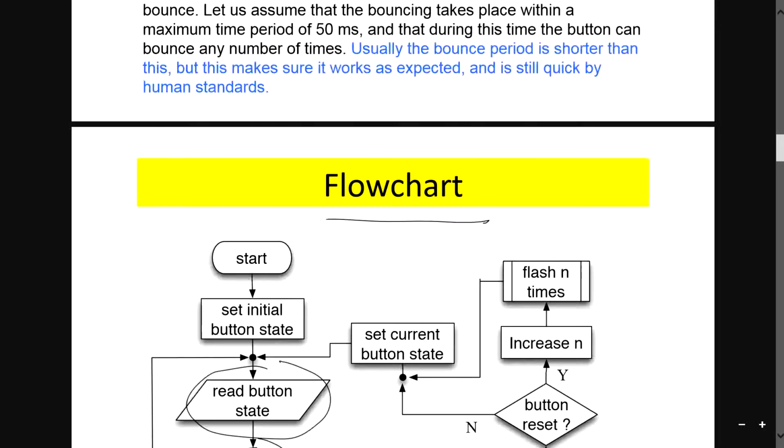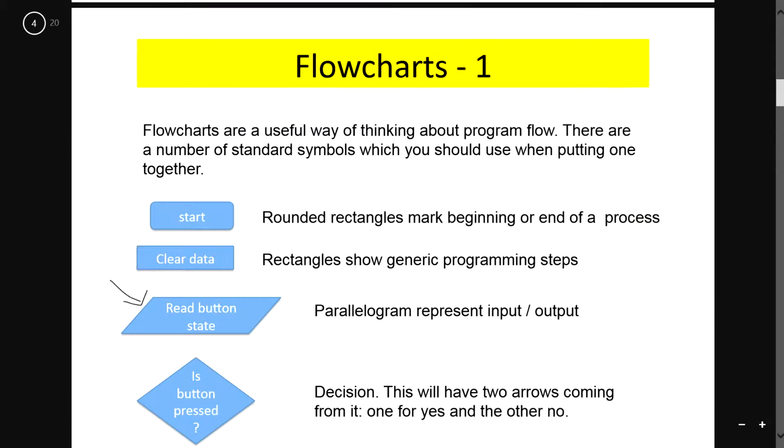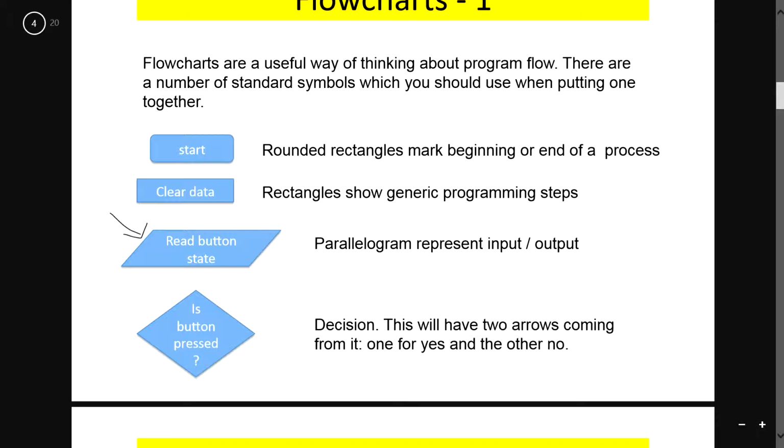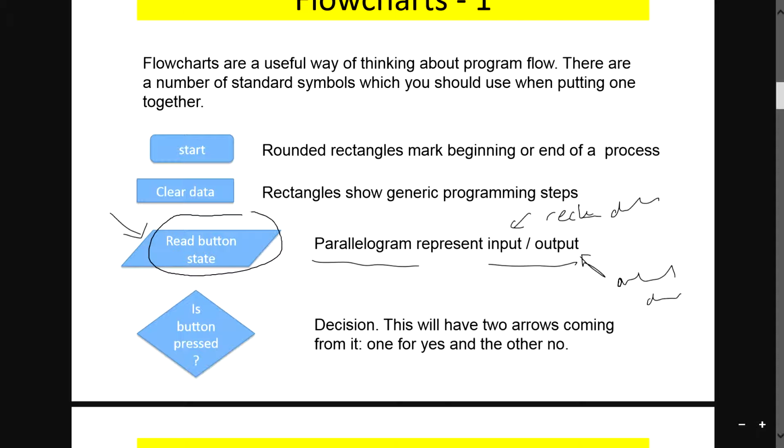In fact, this particular parallelogram represents input or output. The input is that you're going to receive certain data from somewhere, and the output is going to output certain data to somewhere. What questioned me is, when do I use this parallelogram?